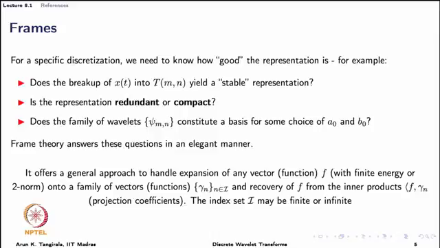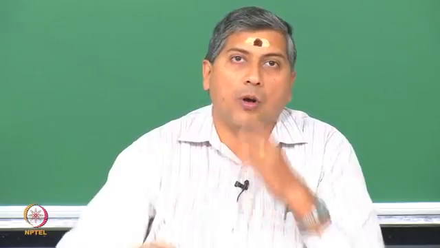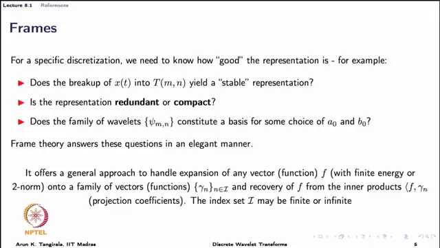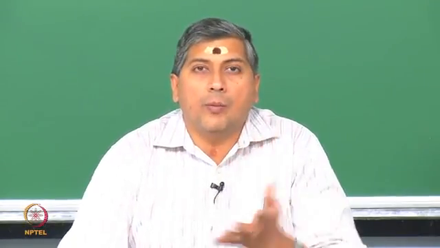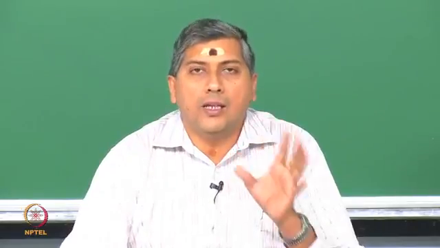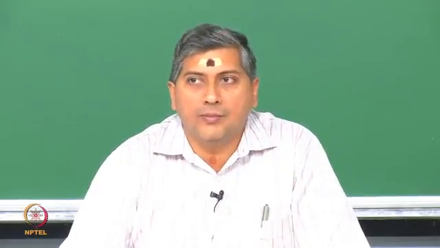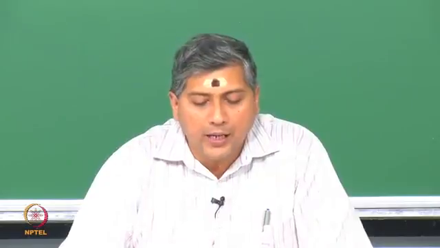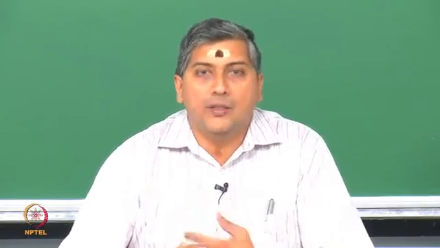So, I take a signal and I break it up into some components, and what frame theory tells me is whether breaking this up will yield a stable or a redundant or an orthonormal or a tight representation and so on. So, what kind of representation do I get when I take a signal and break it up into pieces, and how am I breaking it up? With the help of these functions. So, I project the signal onto some functions.